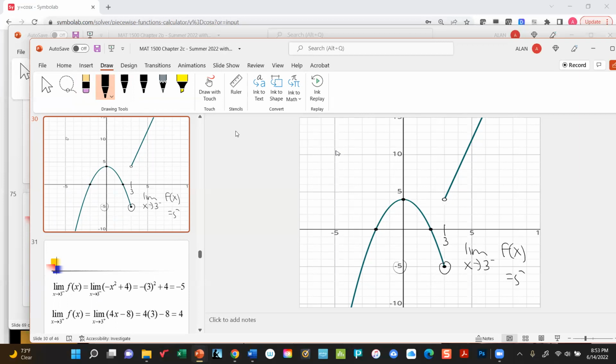And up here, as we get closer from the right, this is 4. So they're not equal to each other.